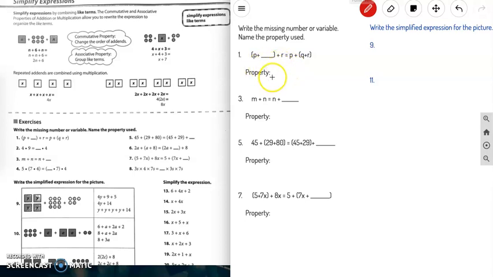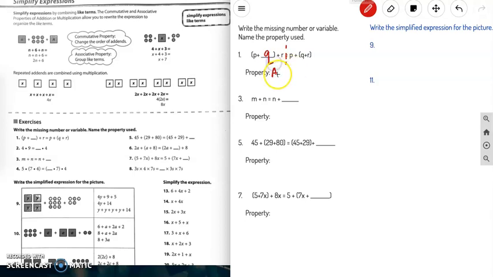I will just write A to make it quicker, but I would like you to write the word so you remember what kind of property it is, though it's okay if you just write A. So we have P plus blank plus R equals P plus Q plus R. If you think of the equal sign as a wall, on either side of the wall we have the P and the R, but we're missing the Q. So we can safely put Q here.